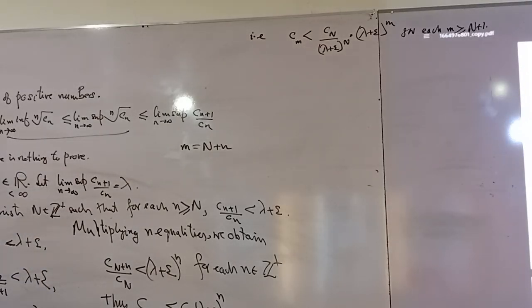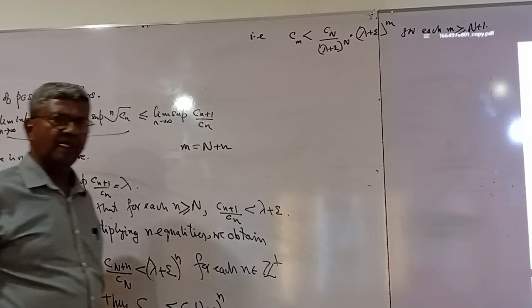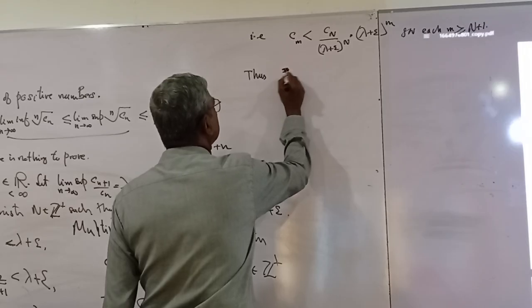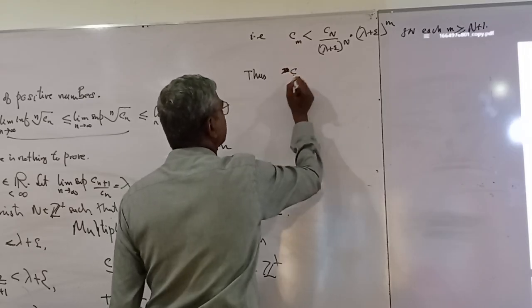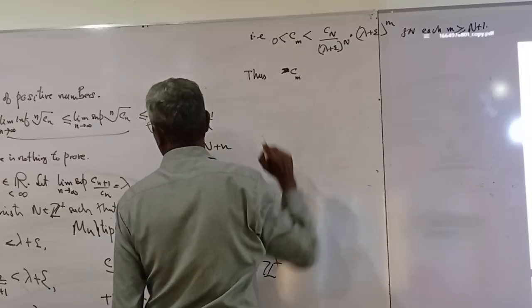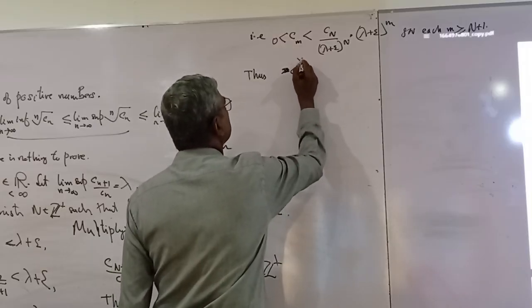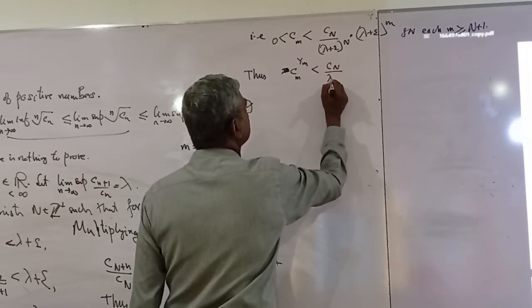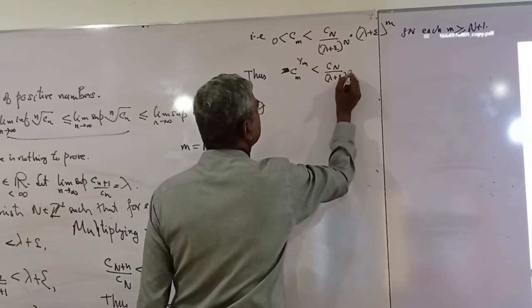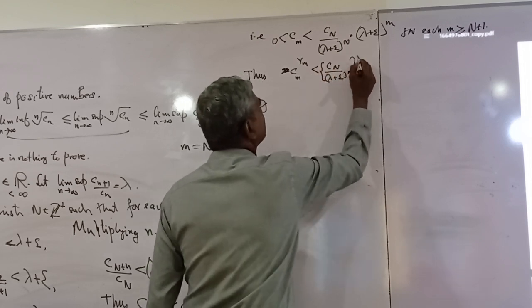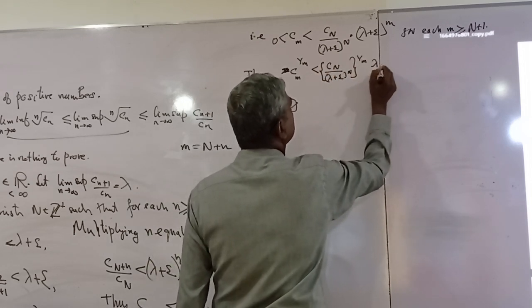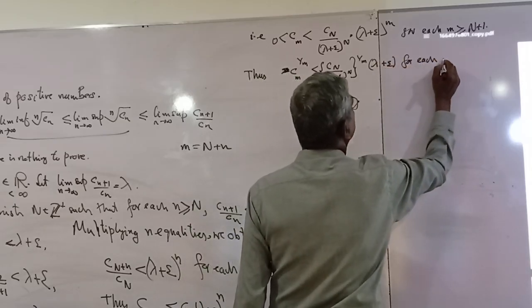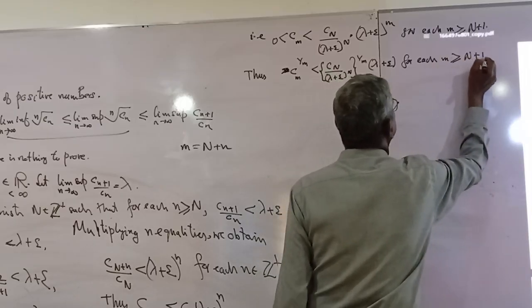Are you with us? Now let's take the mth root. Cm is positive, no? Thus c_m raised to the power 1 over m is strictly less than c_N divided by (lambda plus epsilon) to the N, this whole quantity raised to the power 1 over m, times (lambda plus epsilon), for each m greater than or equal to N plus 1.